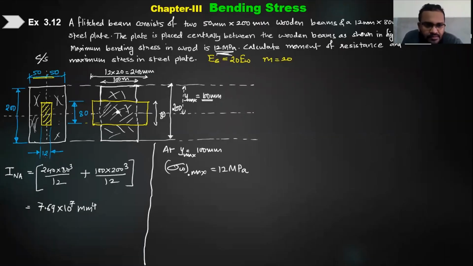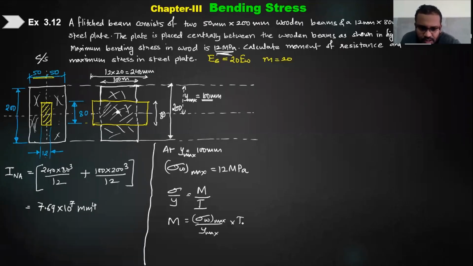If you know sigma maximum, then we can calculate the moment of resistance immediately, because we know that sigma by y is equal to M by I, which is the formula you have studied from the flexural formula. According to this, M will be equal to sigma wood maximum upon y maximum for wood into inertia about neutral axis, which is for the wooden section only.